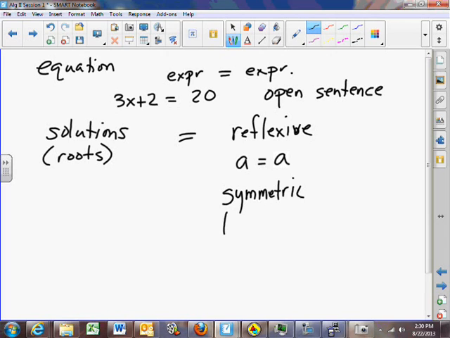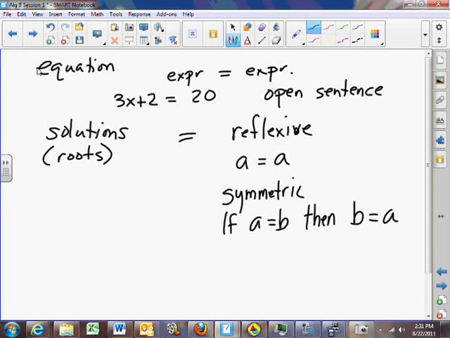It says if you have A and you know it's equal to B, then it's also perfectly acceptable to say that B has to be equal to A. This looks a little bit like the commutative property, but it isn't, because now A and B are moving around an equal sign rather than a plus sign or a multiplication sign. So if A is equal to B, then B is equal to A is the symmetric property of equality.